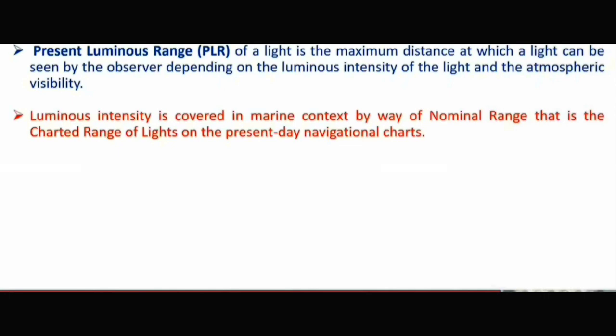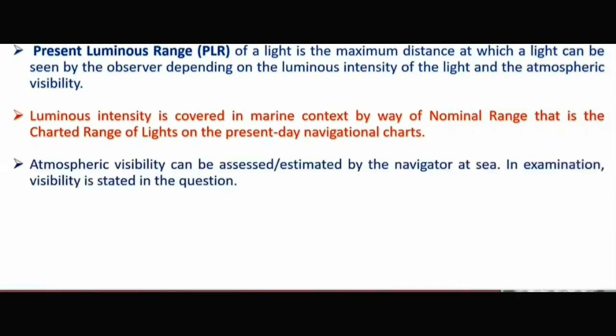Luminous intensity, as far as navigators are concerned, is taken care of by what we call the nominal range. The nominal range is the charted range of lights on present day navigational charts. Atmospheric visibility at sea can be assessed or estimated by the navigator. In examination conditions, the visibility has to be provided in the question.